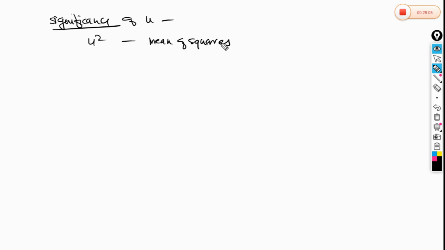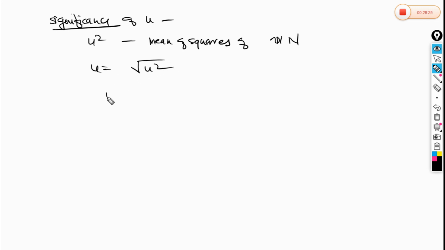Now we'll see the significance of the term u, that is, mean square velocity. Significance of the term u: as we have seen in step 4, u square is the mean of squares of the individual velocities for all n molecules of gas, but u is equal to under square root u square.